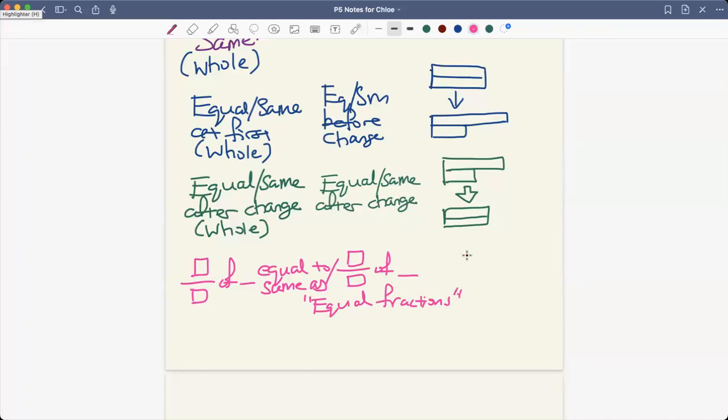And what you can use is the tic-tac-toe, and you make it the same.